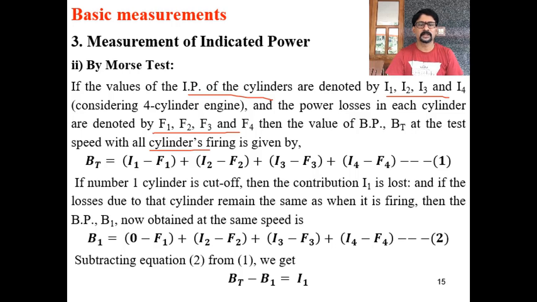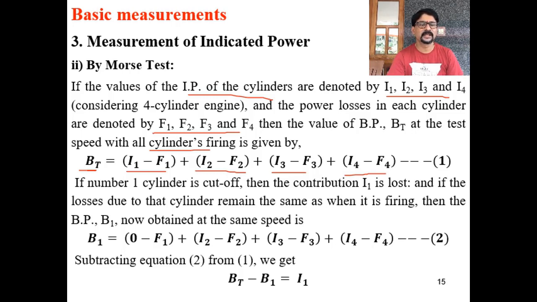Then the total brake power, I denote it as B suffix T, BT. That is given by the brake power of the first cylinder, which is nothing but I1 minus F1, plus the brake power of the second cylinder I2 minus F2, similarly I3 minus F3 and I4 minus F4. So this is the total brake power of the engine when all the four cylinders are firing.